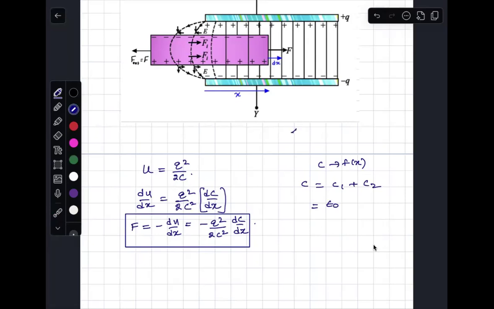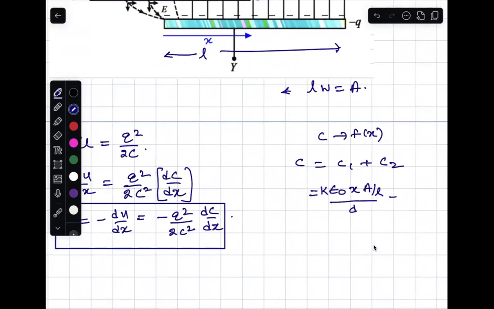If I am taking the total length as L, length into width is area. So in the place of width, I can write A by L. So this can be written as epsilon naught X A by L divided by the distance between the plates D, and of course, the dielectric constant is K.